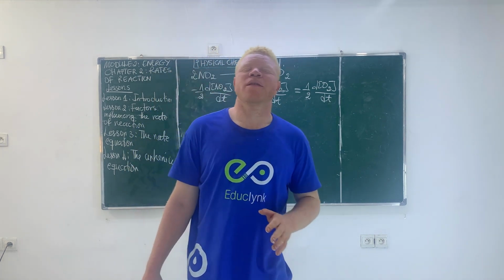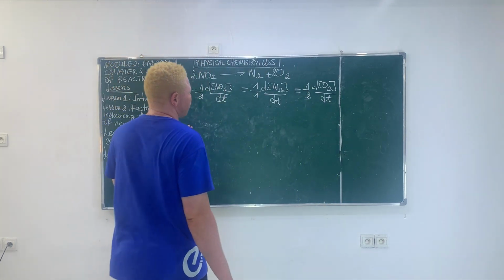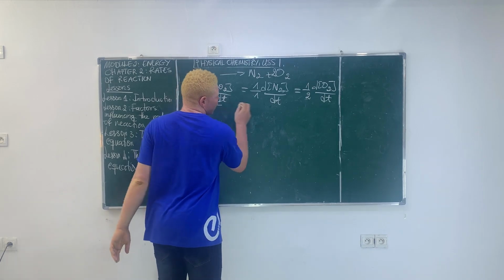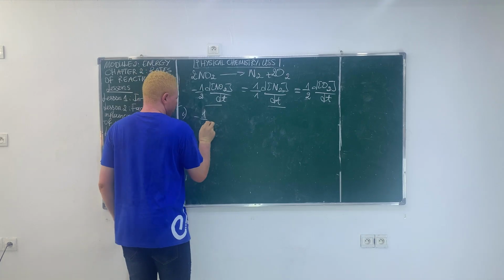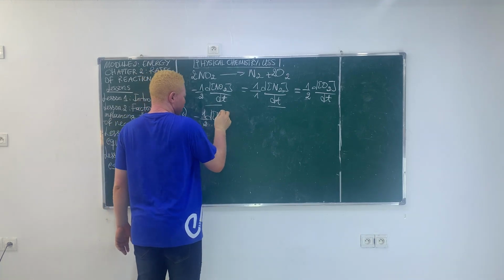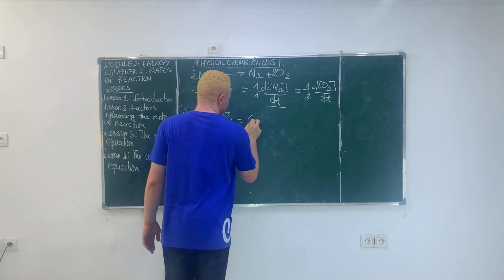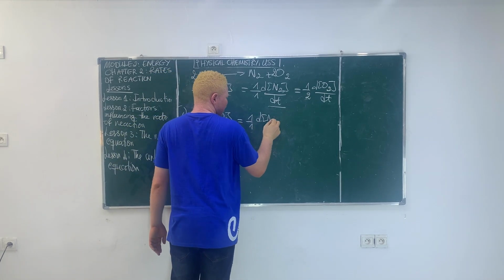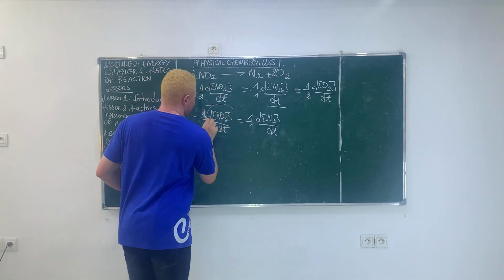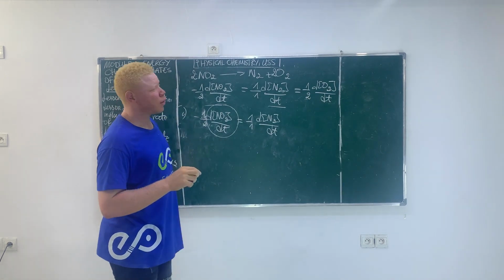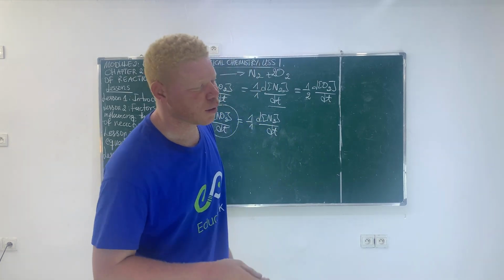Now let's calculate the rate of appearance of N2. I'm just dealing with these two parts of the equation: minus 1 over 2 dNO2 dt equals 1 over 1 dN2 dt. The rate of decomposition of NO2 was given to us as 2 times 10 to the minus 3.